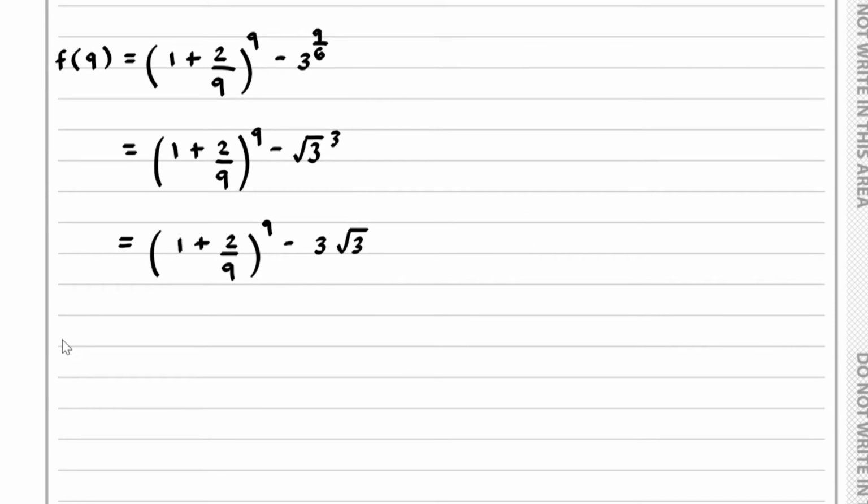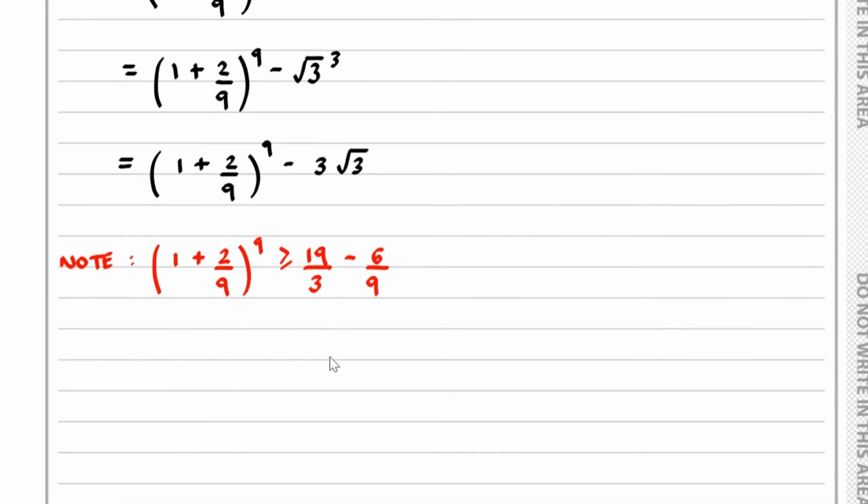What we know is 1 plus 2 over 9 to the 9 is greater or equal to 19 over 3 subtract 6 over 9. In other words, 1 plus 2 over 9 to the 9 is greater or equal to 17 over 3.